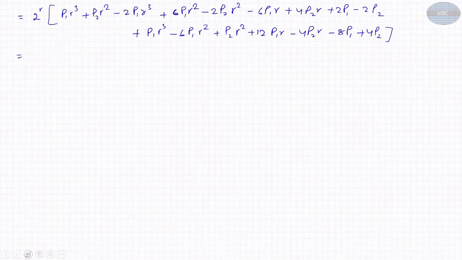So now see here, we have this p1 r cube cancelled out with this p1 r cube, 2 p1 r cube is cancelled out with this 2 p1 r cube.